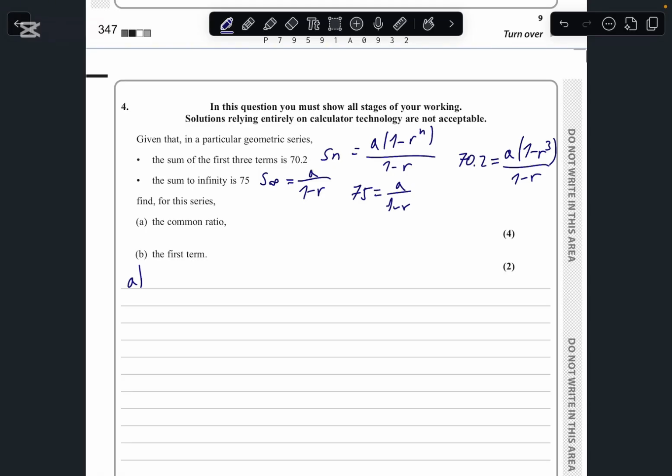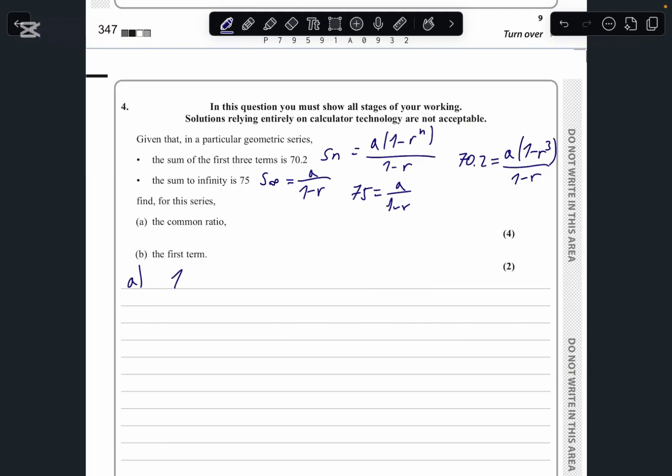So in order to find the common ratio, we need to find the constants. The common ratio is r, and we have two unknown constants, a and r, so we must get rid of one. Well, it seems that it's easier to remove 1 minus r here. So we'll go ahead and leave 1 minus r alone by cross multiplying it here.